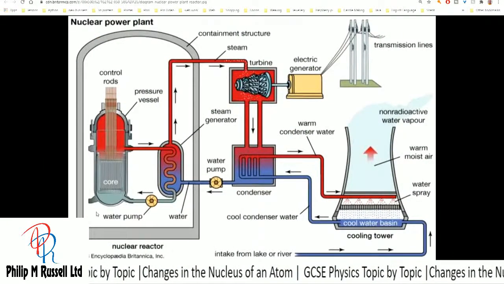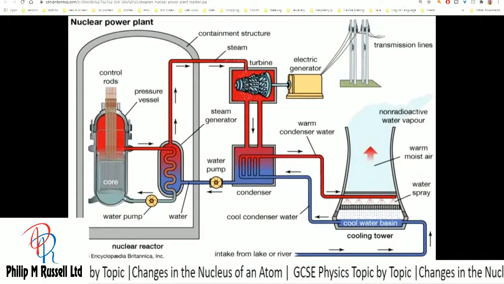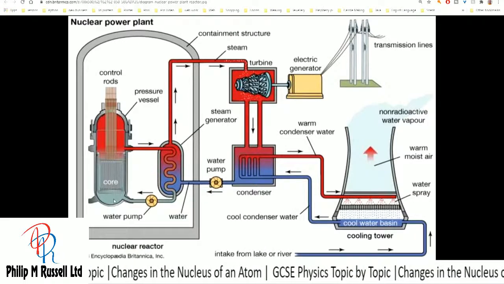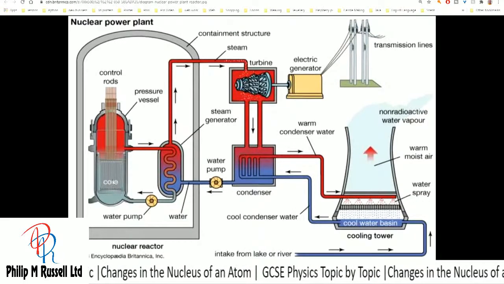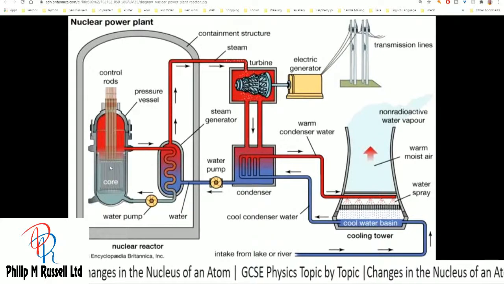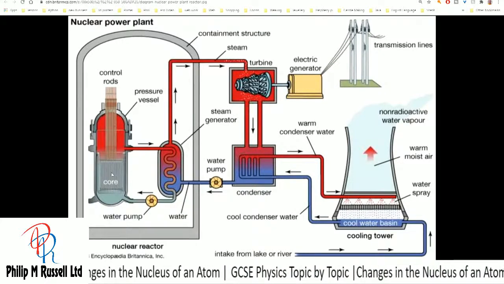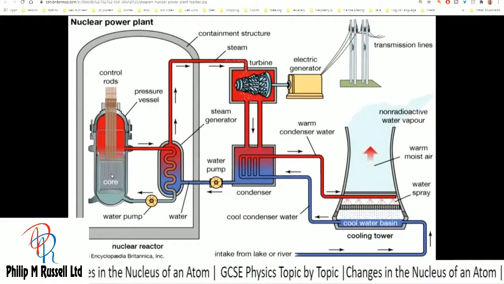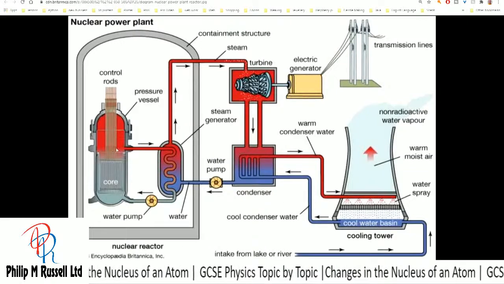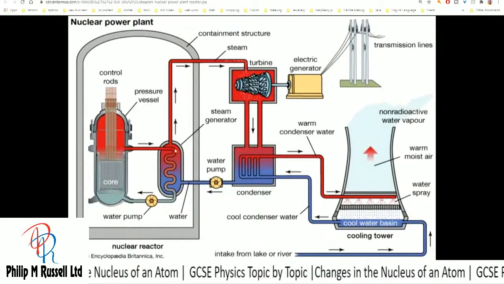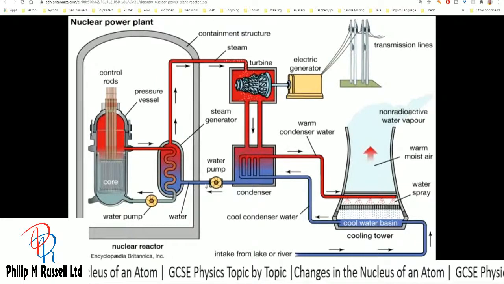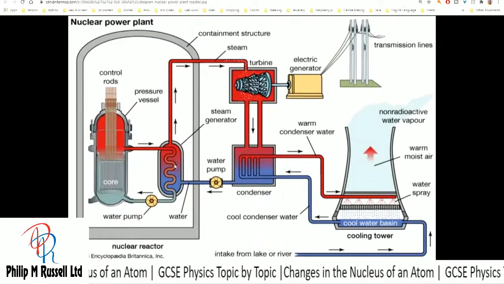We've got a pressure vessel and we pump water into this reactor. The water flows through, and as it does so, these uranium rods are hot. They're giving out heat, so the water gets very hot, and that passes out and is cooled by some more water in another tank going through.